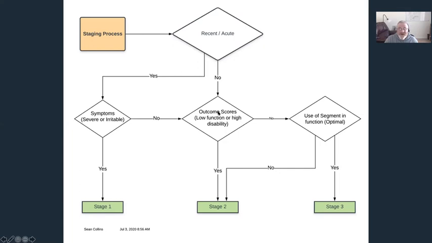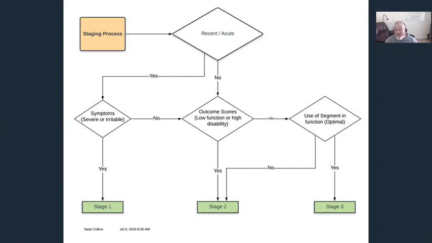Then if they have low functioning or high disability, then you'd consider them stage 2. Whereas if they don't have low function or high disability, then you would consider the use of the segment during function. So are they able to use whatever body part is in fact a problem for them?